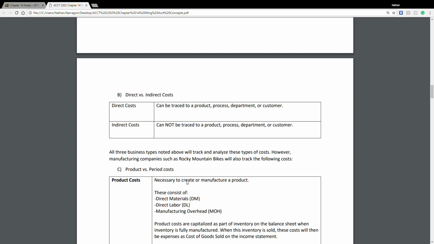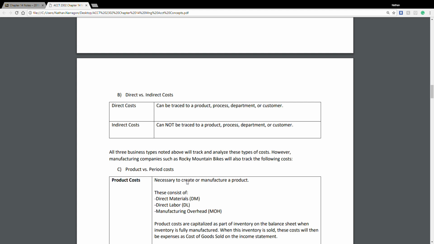Indirect costs cannot be traced to any product, process, department, or customer. So with bikes, you need nuts and bolts. Are we going to literally trace hundreds of nuts and bolts to these bikes? No. So this is going to be known as an indirect cost.